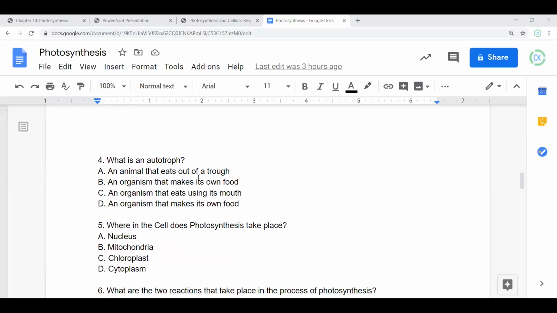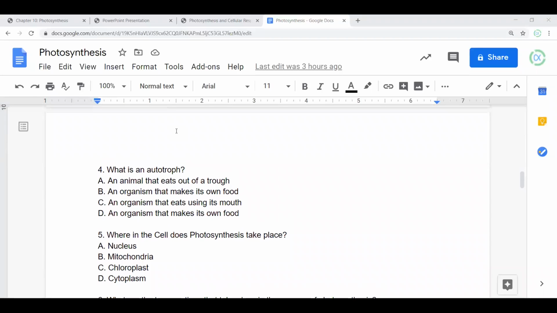Okay, next question. Where in the cell does photosynthesis take place? All right, so the answer here was C, the chloroplast.